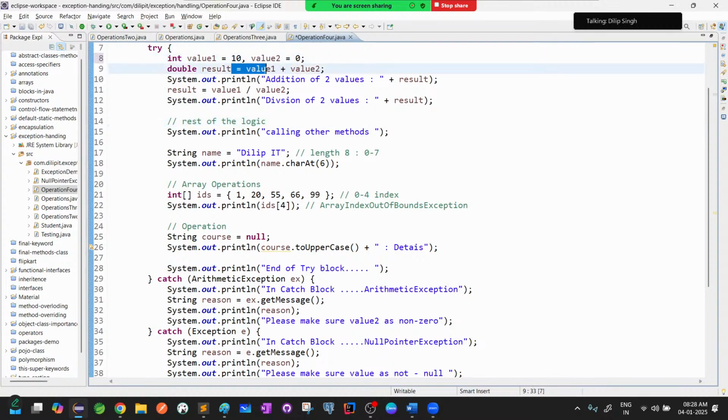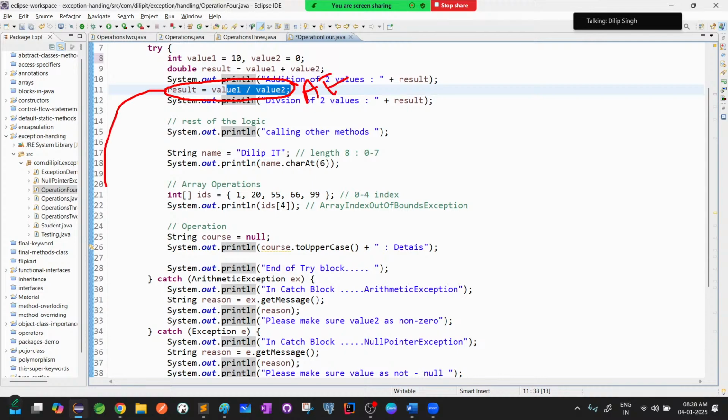So that means when executed, an exception comes. What exception? Divided by 0 means arithmetic exception. So what will the JVM do? Immediately it jumps to the catch block section. How many catch blocks do you have this time? 1, 2 catch blocks.